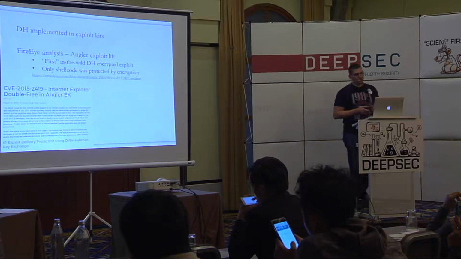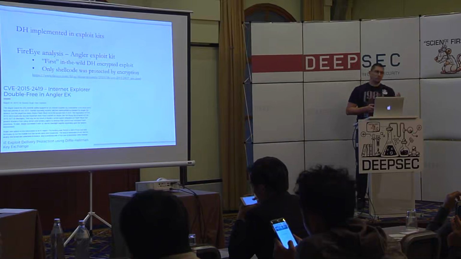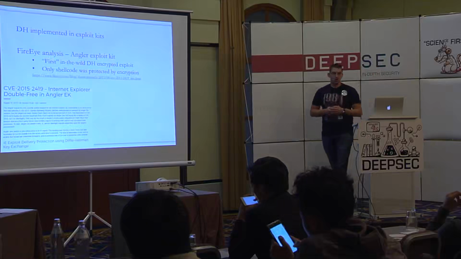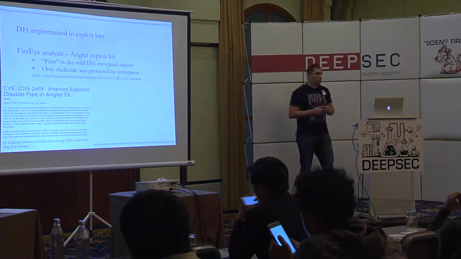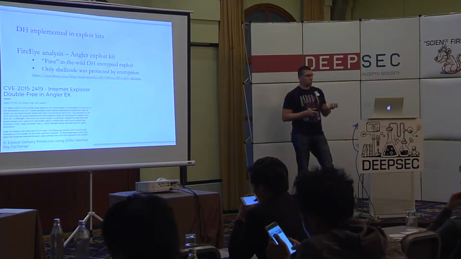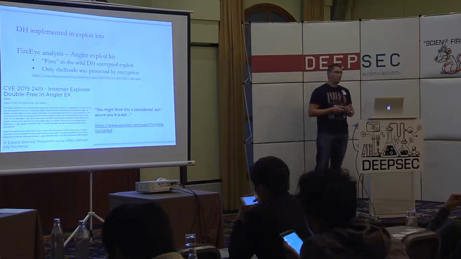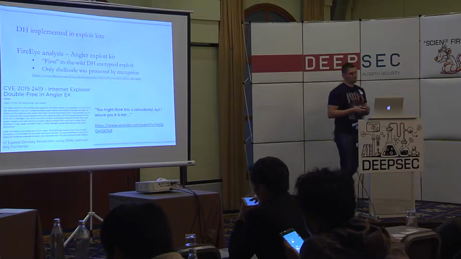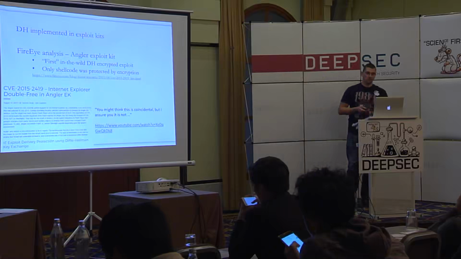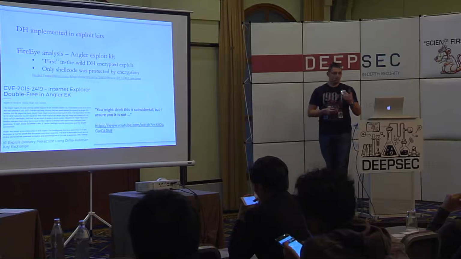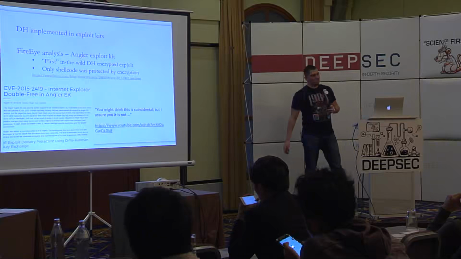And by that time, they didn't use any 0 days, so they were not interested in hiding their exploit code, but rather they have protected the shellcode itself. And I want to believe that this is not a coincidence, that there were exploit kits in the wild for at least 6 years, and just 2 months after I published my code, they have implemented this.